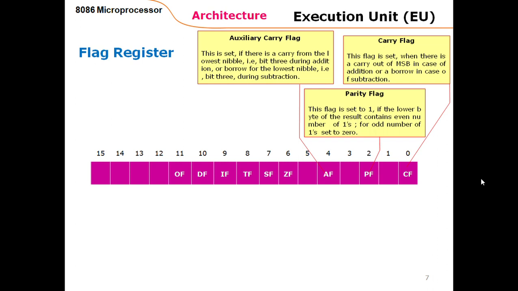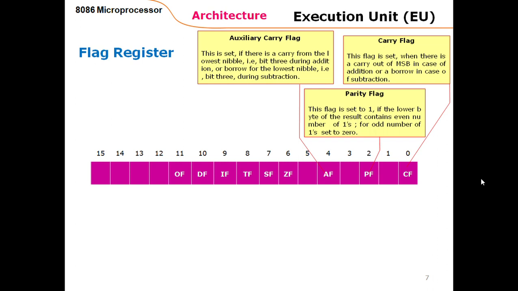These 4 bits make a nibble. If a carry was taken from bit position 3 to bit position 4, then the auxiliary flag is set. And if there was no carry from bit position 3 to the upper bit position 4, then it is set to 0.